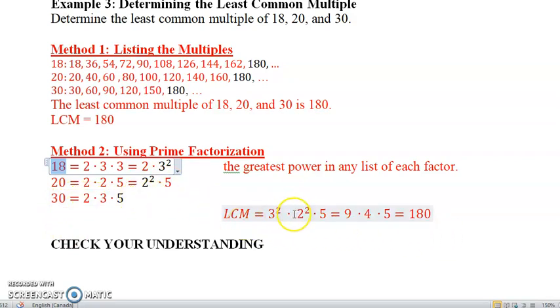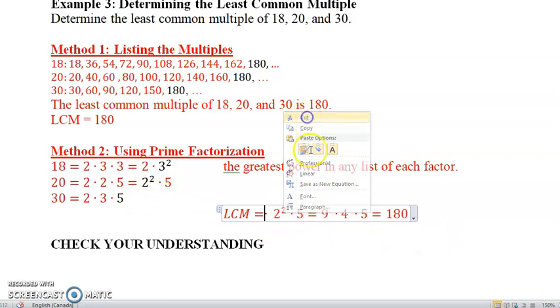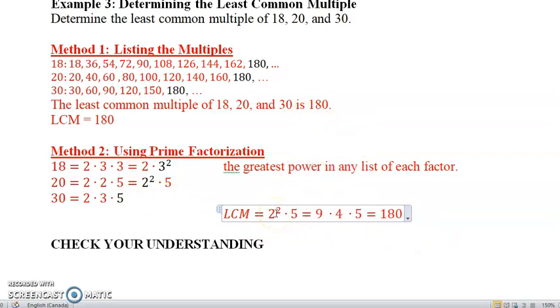All right, and then you can list these together, and the ones that you're going to list together are going to be any factor that has the greatest exponent in any list. So here we had a 2, a 3, and a 5 as a factor. Now again, you can take more than one from a list, but you always take the greatest exponent of that.